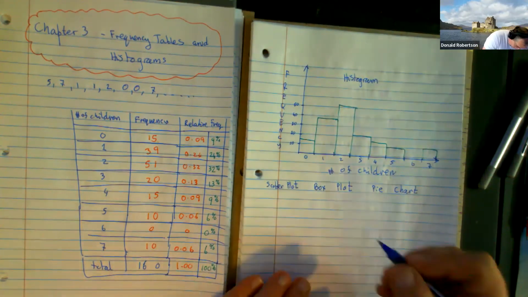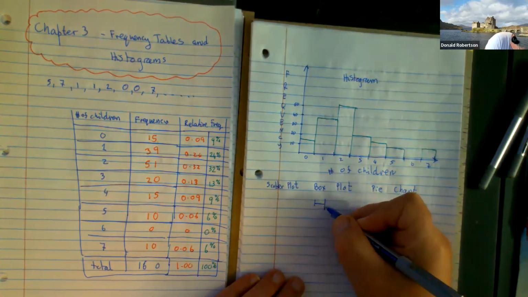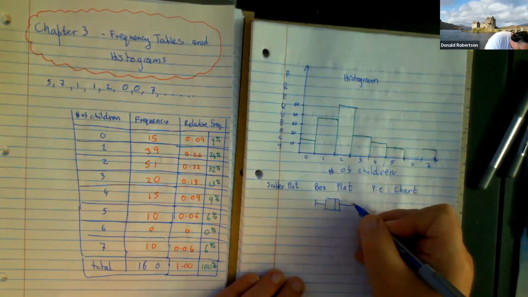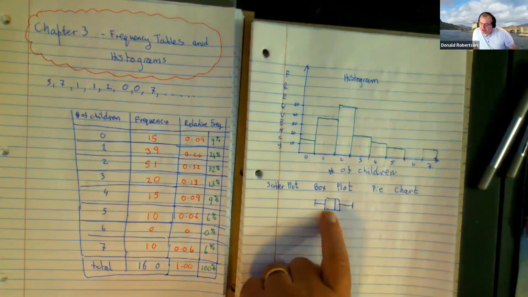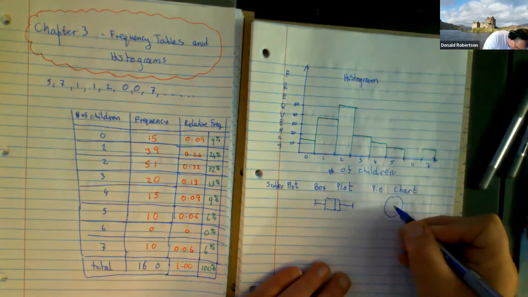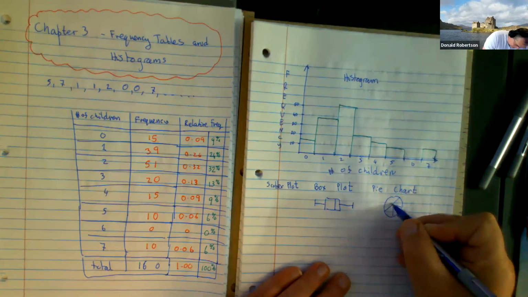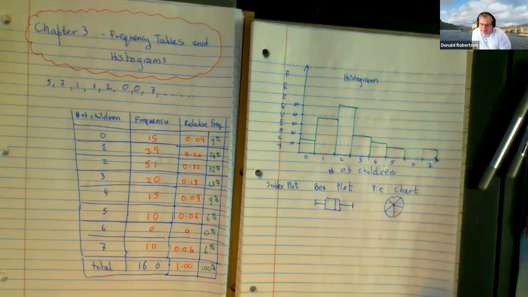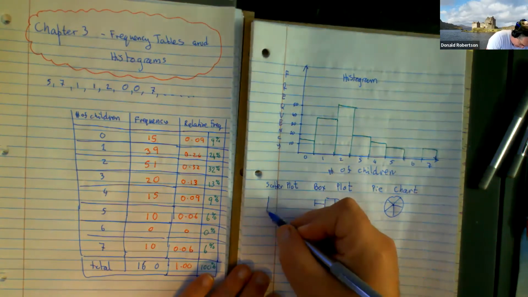A box plot. Have you ever seen a guy that looks like this? Ever seen that shape? That's a box plot. You ever seen a pie chart? Looks like that, right?